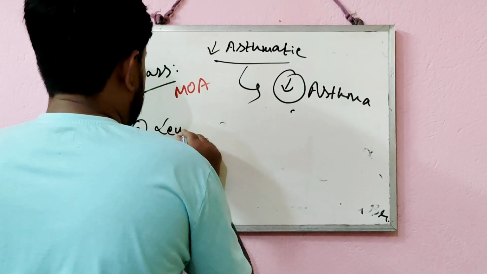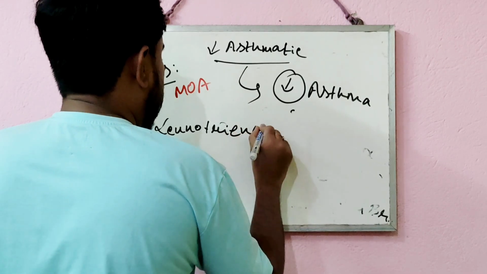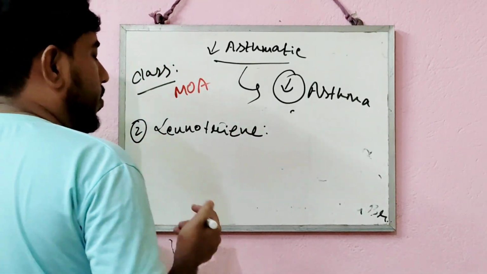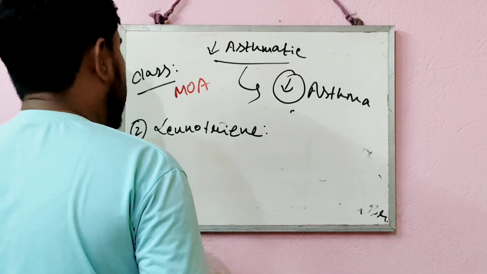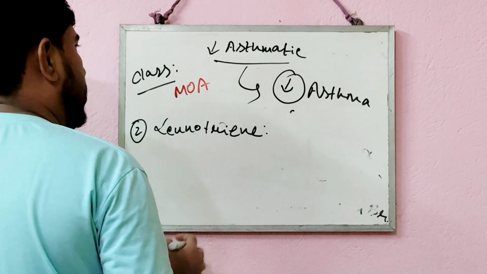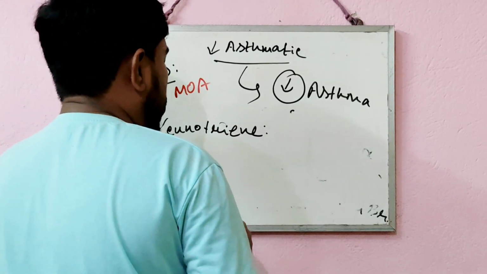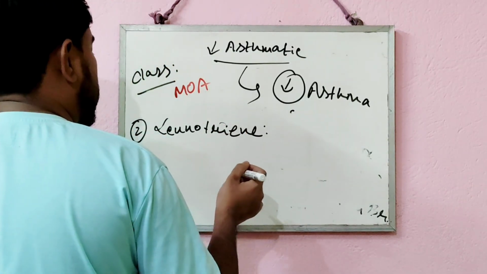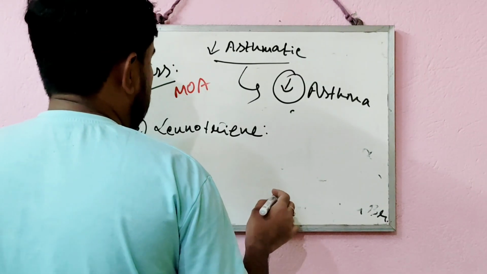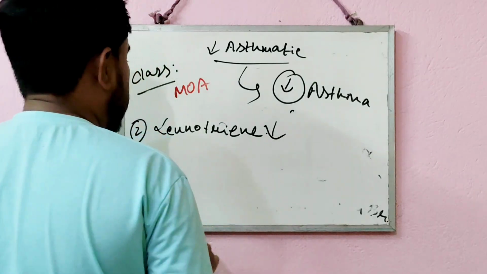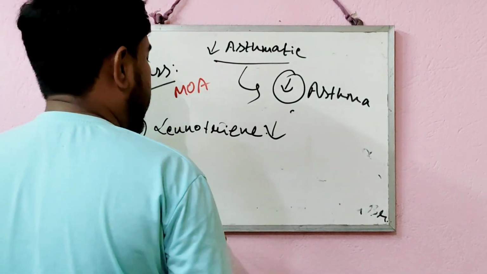The second class of anti-asthmatic drugs is leukotriene inhibitors. In autacoids, I discussed the different autacoids. There we studied cytokines, prostaglandins, interleukins, leukotrienes, etc. Leukotrienes can lead to bronchoconstriction and further lead to asthma. So to treat asthma, drugs that inhibit the action of leukotrienes or the production of leukotrienes can also be used as anti-asthmatic drugs.